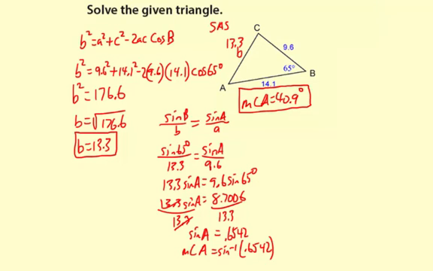Okay, so that's another angle here. And the only item left to solve for is this angle C. We know the other two angle measures of the triangle, so we can apply the triangle sum theorem: 180 degrees and then subtract the other two angles, 65 degrees and then minus 40.9.